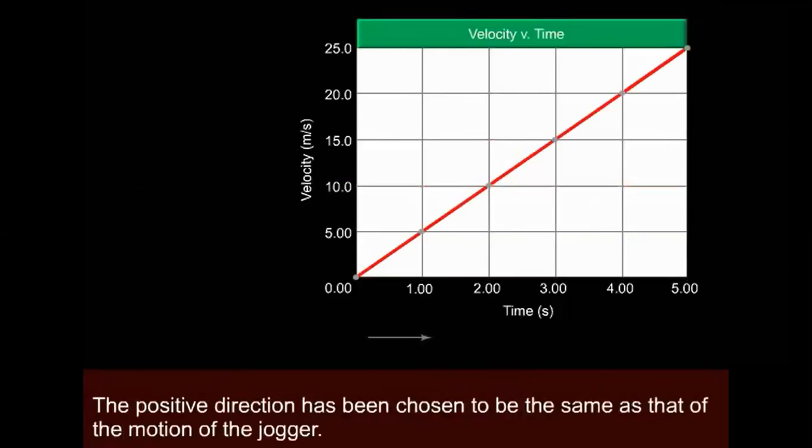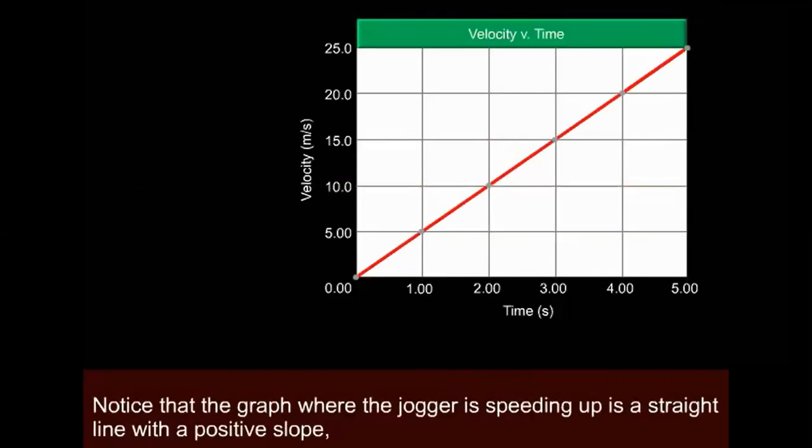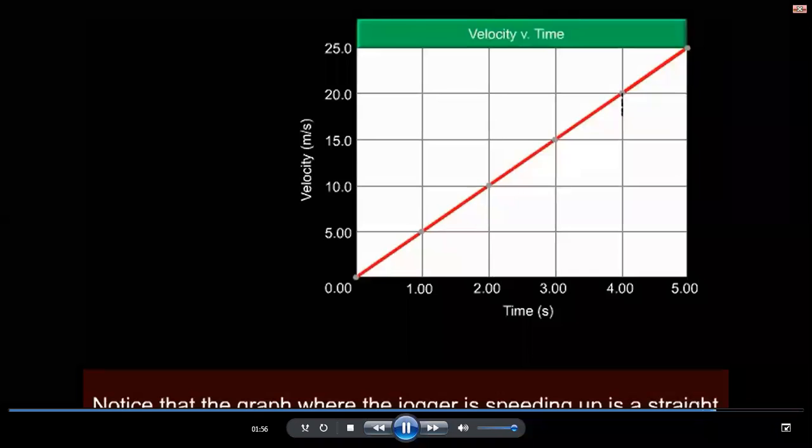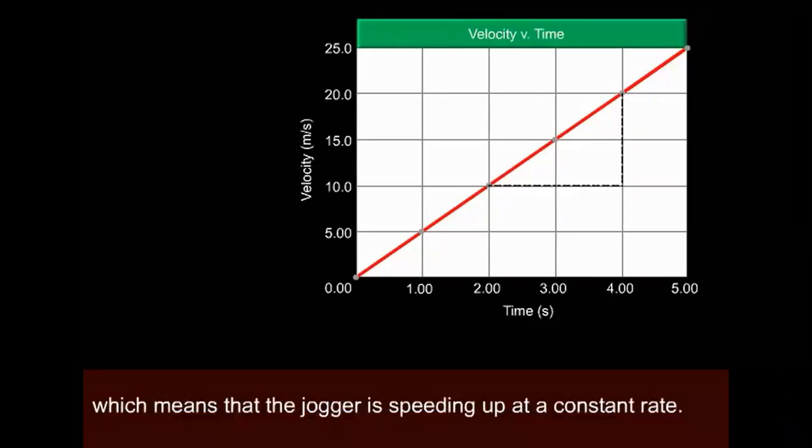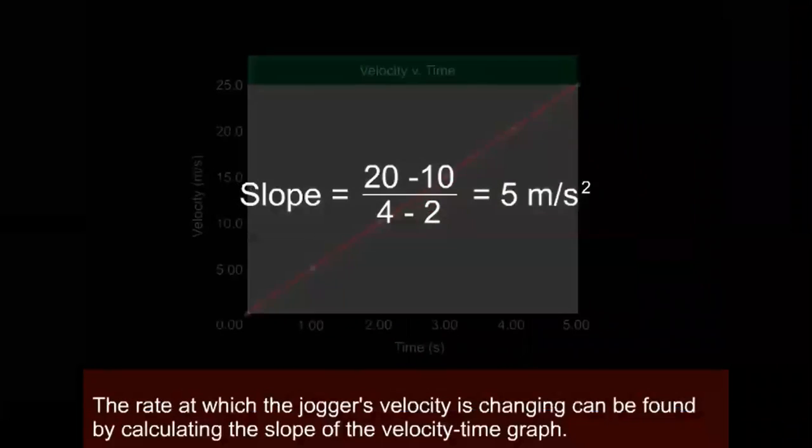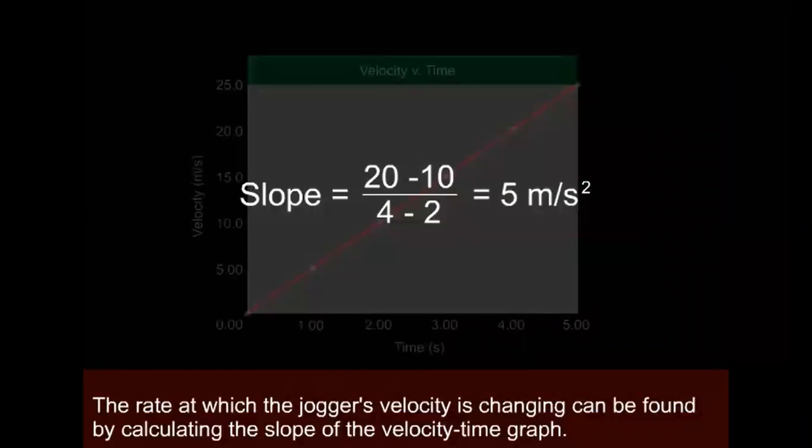The positive direction has been chosen to be the same as that of the motion of the jogger. Notice that the graph for the jogger speeding up is a straight line with a positive slope, which means that the jogger was speeding up at a constant rate. The rate at which the jogger's velocity is changing can be found by calculating the slope of the velocity time graph.